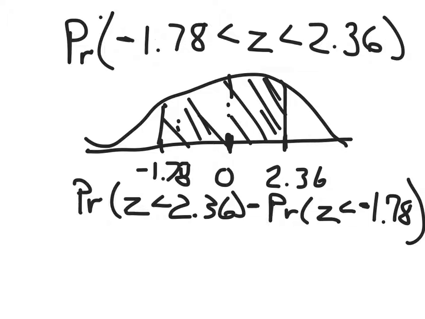How about 9909? And then go to the other table, the one that has negative z-scores, 1.78. So I have minus 1.7 and 08. And that's 0375.